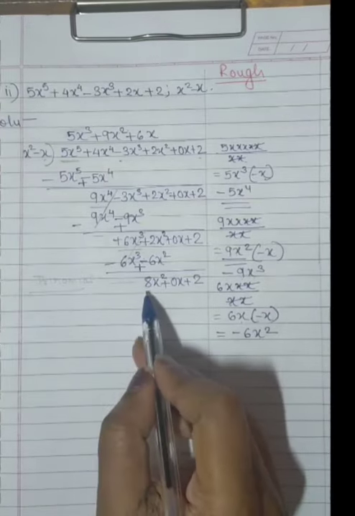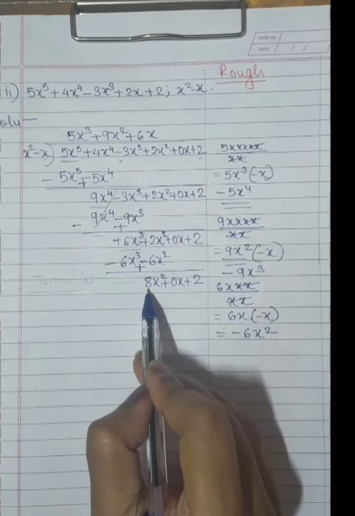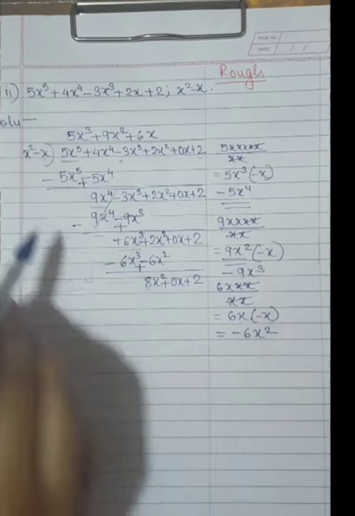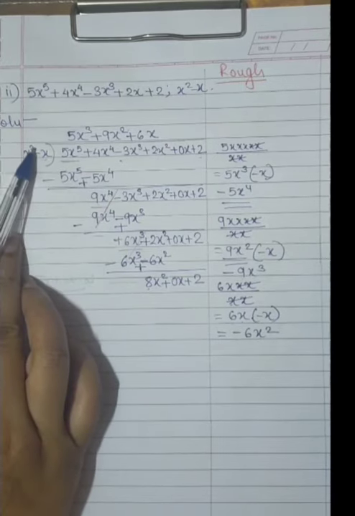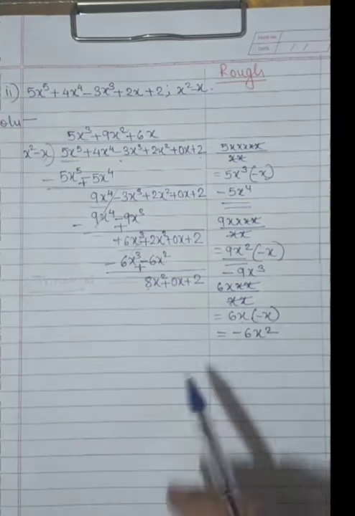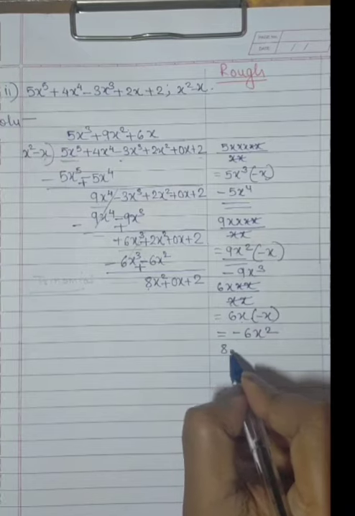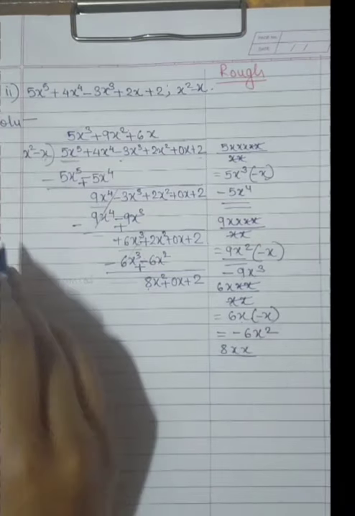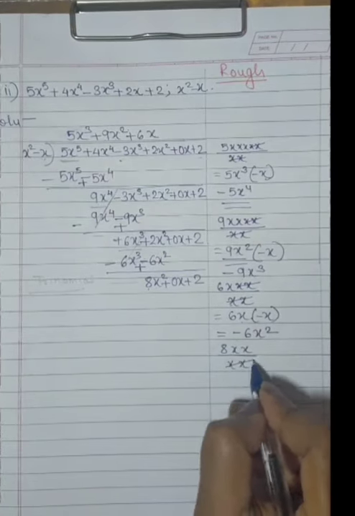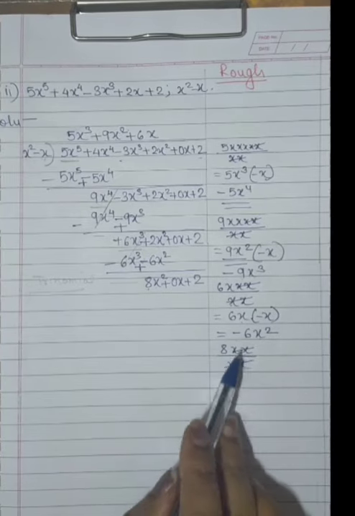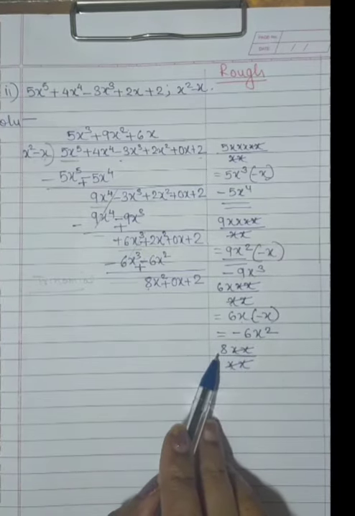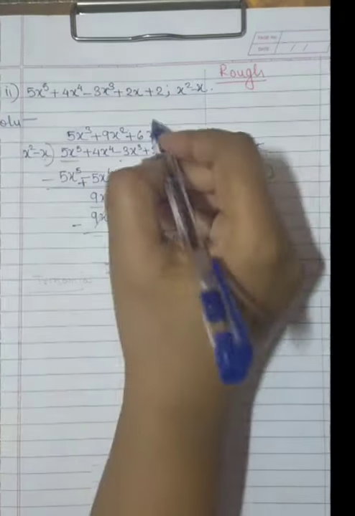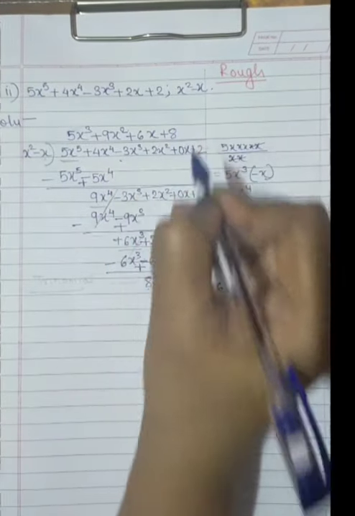So again we have to multiply this with x². So I am going to multiply, 8x² upon x², both get cancelled, and we got here 8, then plus 8 will come here.